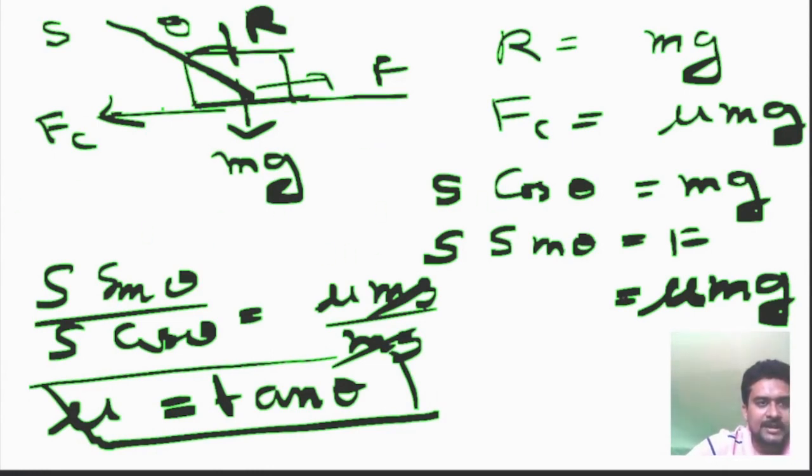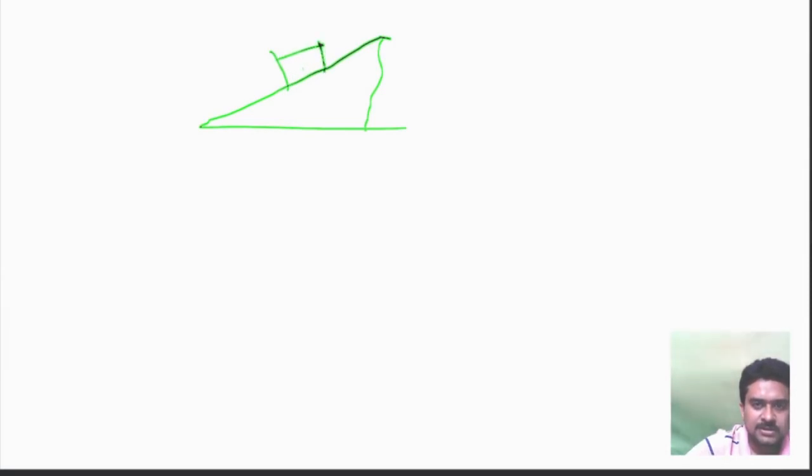Now we can take another case here. Suppose this is an inclined plane, and a body is placed on it. This is the weight of the body mg, and this is the reaction R, say, and this angle is theta.